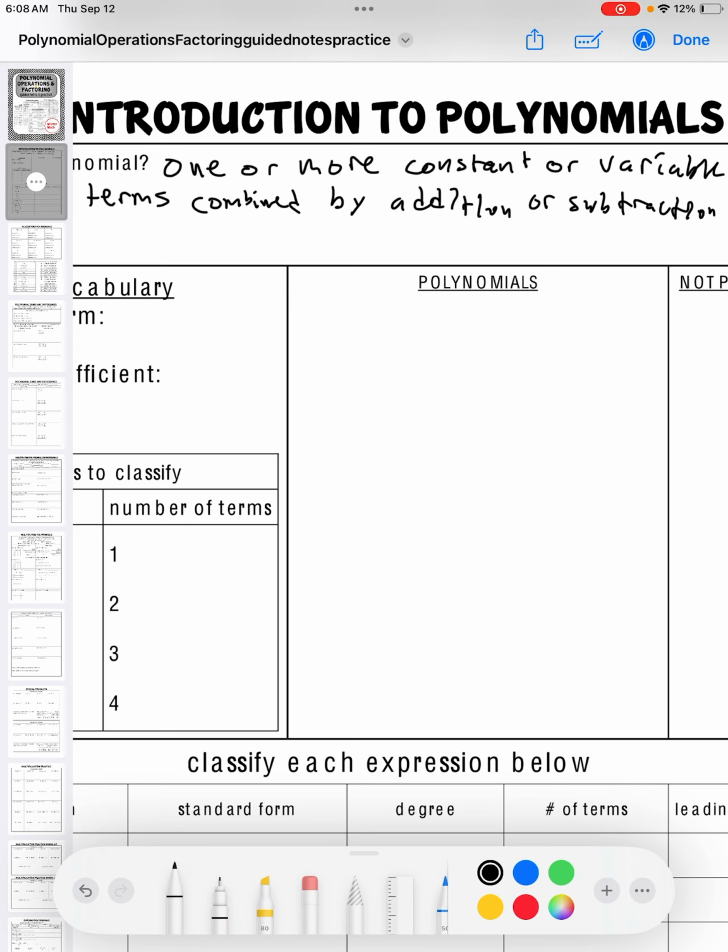One thing that's important to note for polynomials is that exponents must be non-negative, so must be positive. They can't be negative. And they have to be integers, which means they can't be decimals or fractions.